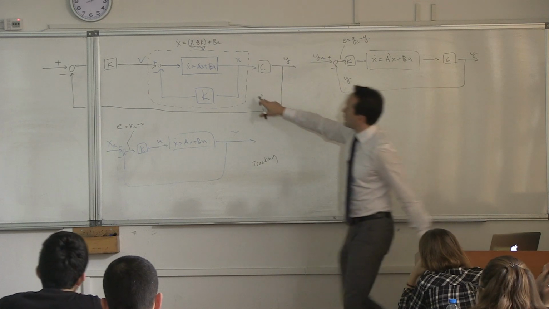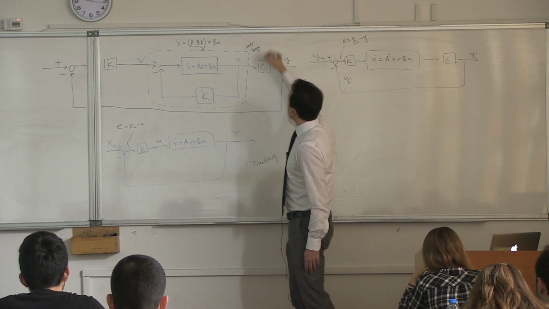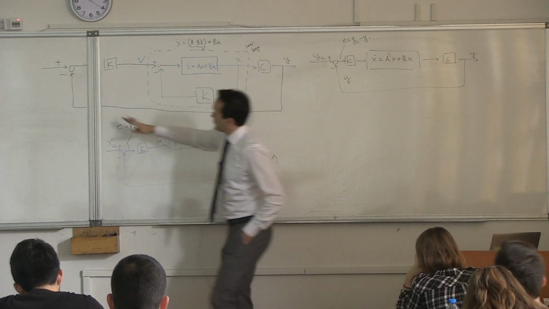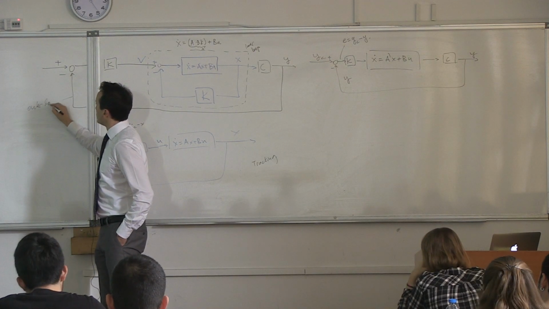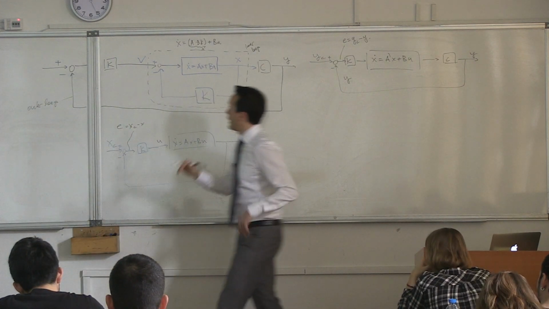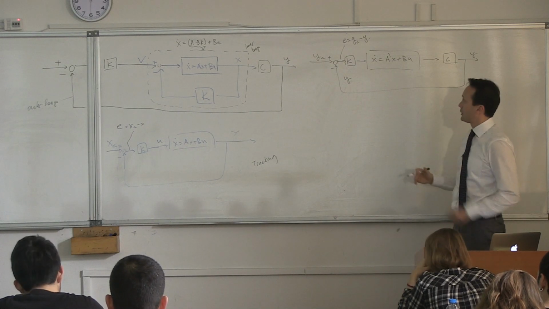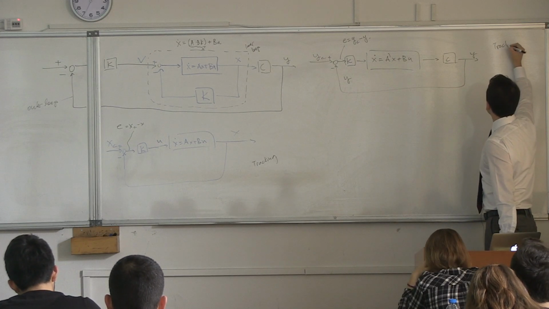So therefore, this one we might call an inner loop, and this one that comes out of this, we would call the outer loop. Because you would have two loops inside, one after another. Okay? So this would be a tracking controller.